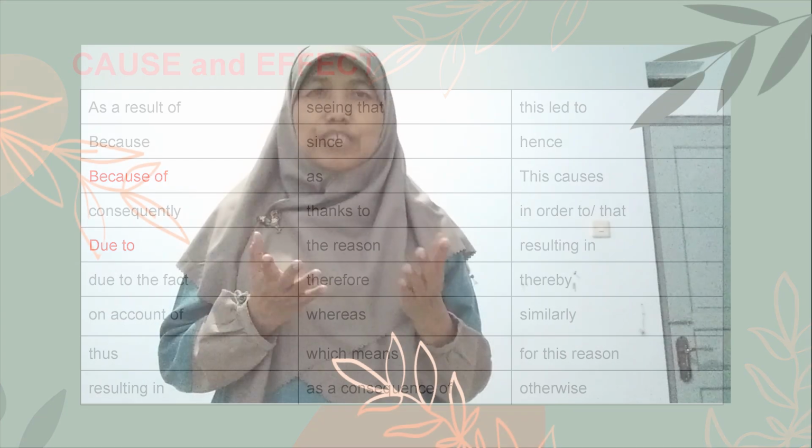Well, students, it is time for me to close this meeting. Before that, I would like to give a conclusion of our discussion today. Cause and effect have two clauses which show cause and effect, or we can say there are two events in the cause and effect relationship, the first event and the second event, and the two events are connected by one conjunction.